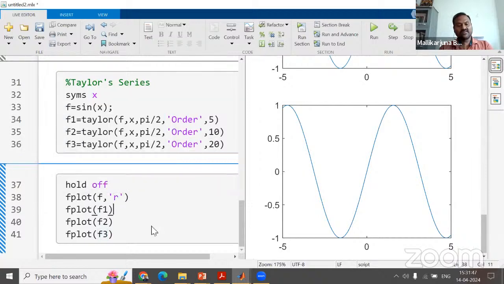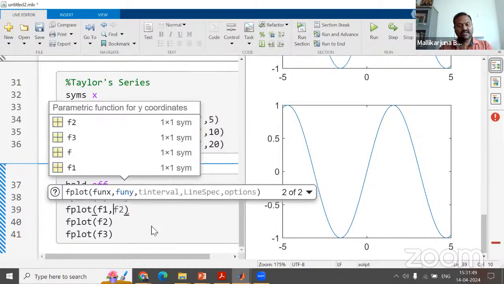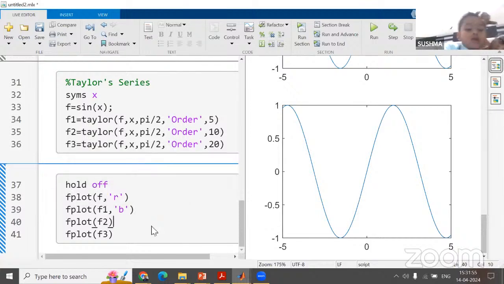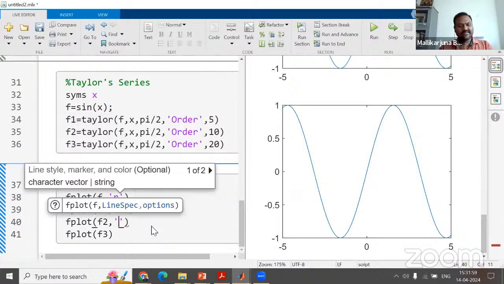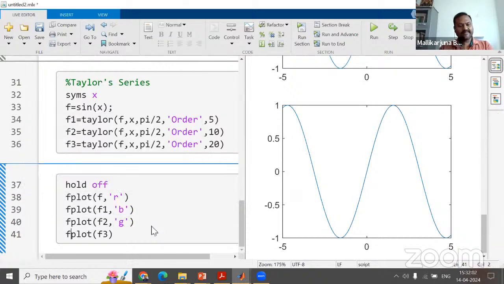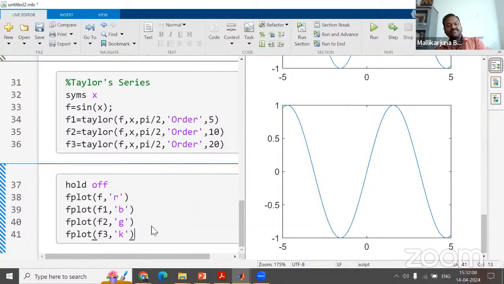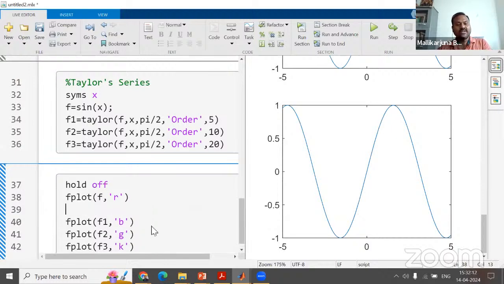This is the red one. Next, this is blue. Next, this is green. This is black. So let me take here, hold on.